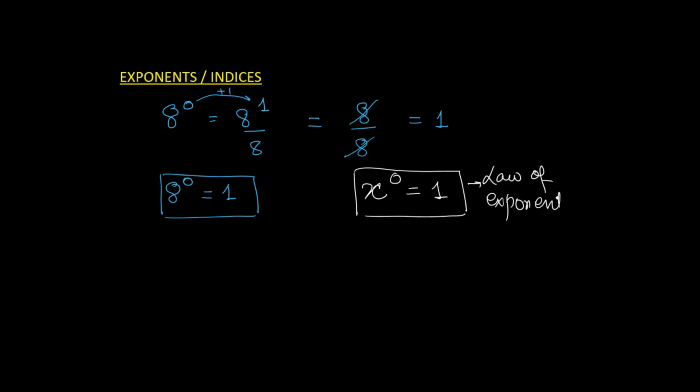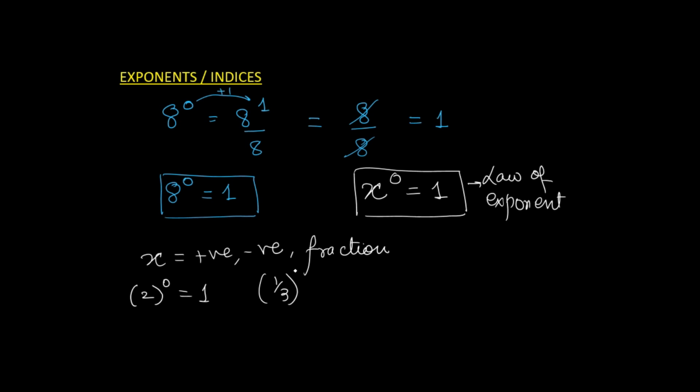X can be anything. X can be a positive number, X can be a negative number, X can be a fraction, X can be any number. Whenever any of these numbers is raised to a power 0, we get a 1. So 2 to the power 0 gives us a 1. 1 by 3 to the power 0 also gives us 1.